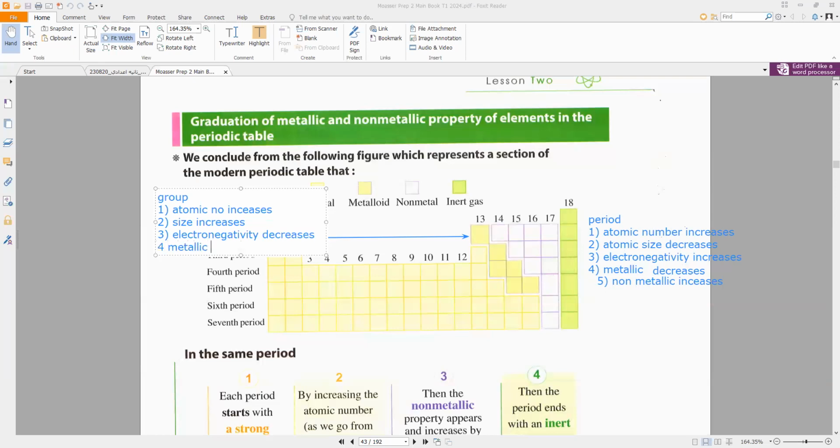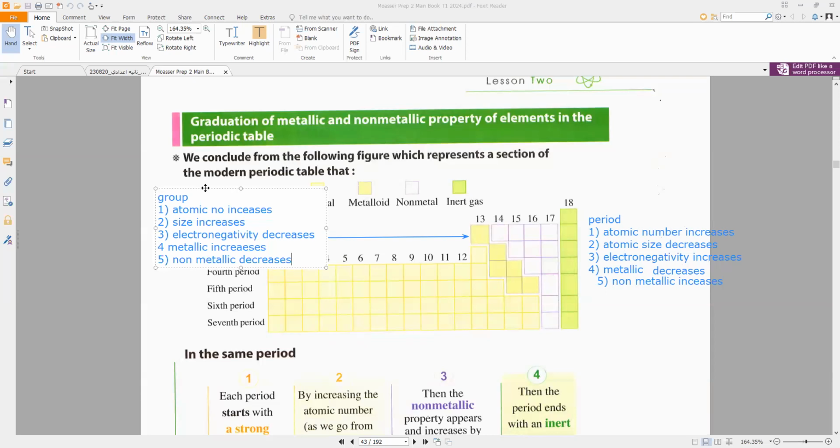As we move down, the metallic property increases. And the non-metallic property is opposite to it, so non-metallic decreases. This is what happens to the properties in the group.